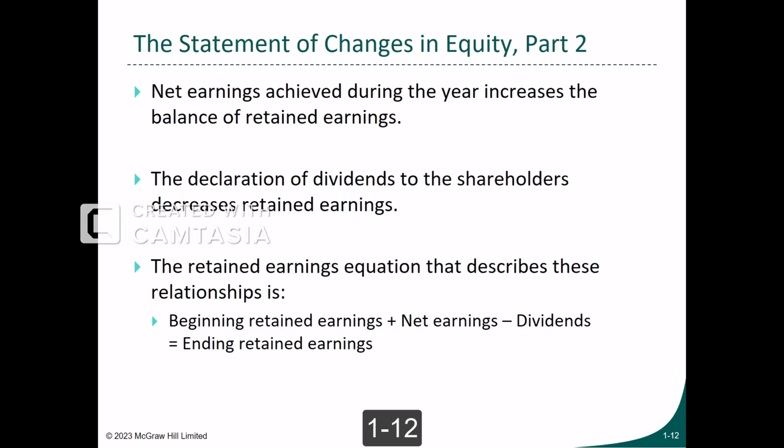So the ending balance of the retained earning is the opening balance plus the increase minus the decrease equals the ending balance. So what would be the ending balance in this case? 1 million opening balance, net profit $200,000, dividend declared $50,000.